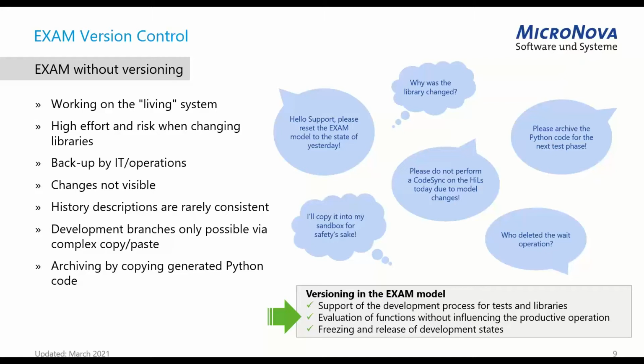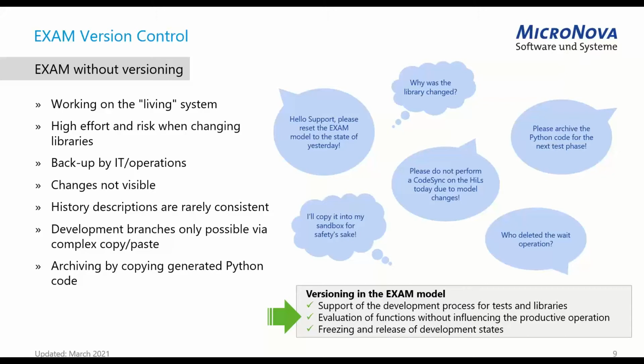With those facts, it was pretty obvious what the requirements for version control should look like for the EXAM model. This means that version control in EXAM should definitely support the development process, both for tests and libraries. And in order to decouple stable and productive operation on a HIL or on a test bench, it should even be possible to evaluate and further develop functions in EXAM and test cases without any harm or influence to your productive test runs.